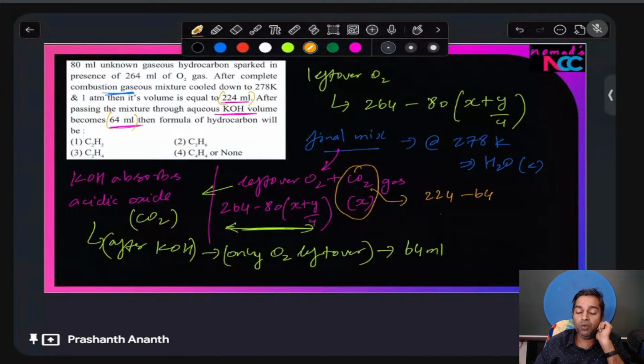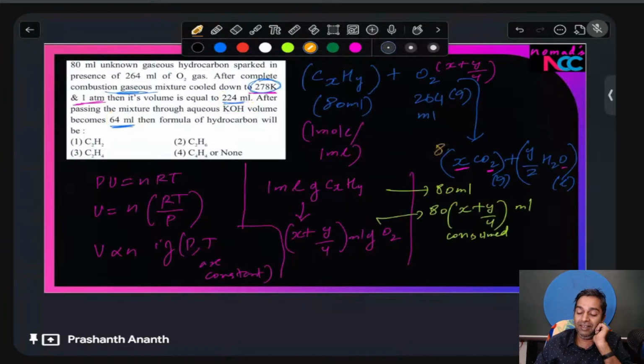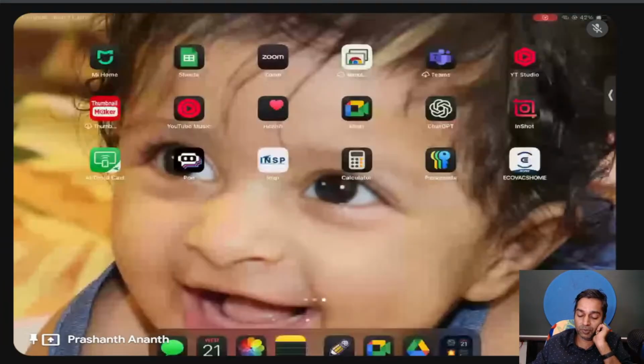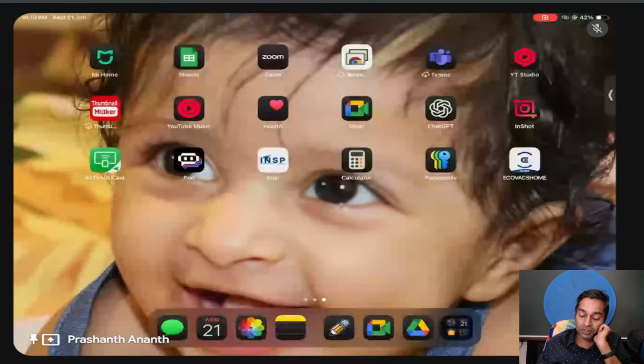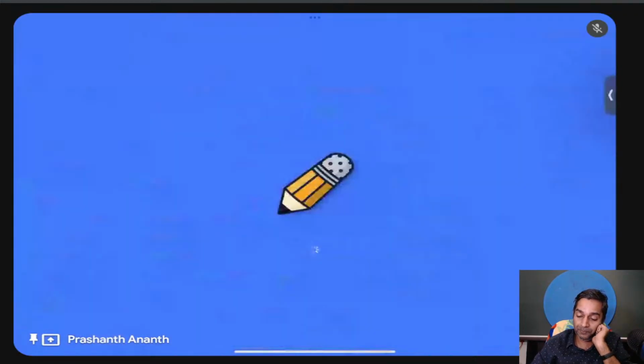So you're going to have 160 ml being produced when you take 80 ml of the initial hydrocarbon. So if it was 80 ml there, it is supposed to have been 80 into x, correct? Technically it should not have been, a small problem here. So it should have been 80 into x there.